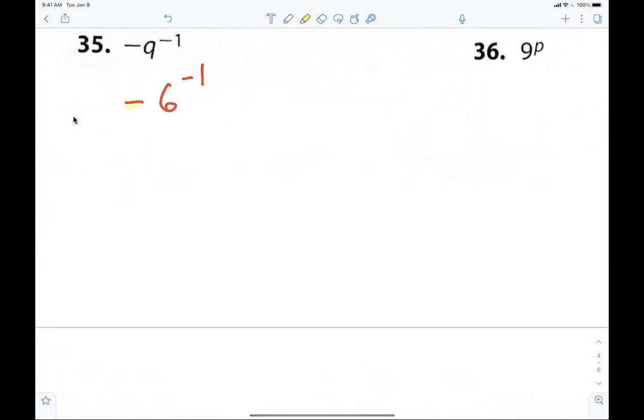Believe it or not, I want to rewrite this as negative 1 over 6 to the first. A lot of people accidentally bring the negative 6 with the negative 1, but that's not true. Now, honestly, would it really matter? There's only one negative, so it wouldn't matter.